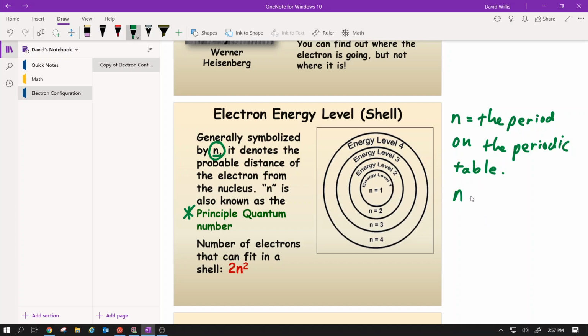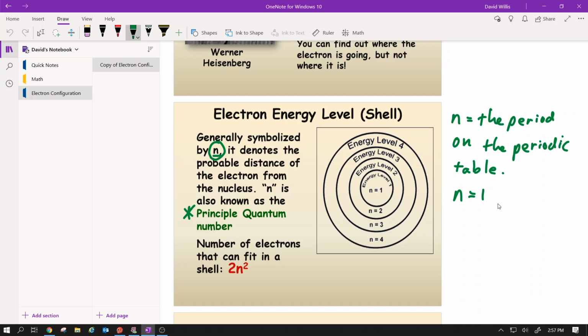So if N equals 1, then the principal quantum number is 1, and that would be us filling in the first energy shell or energy level.